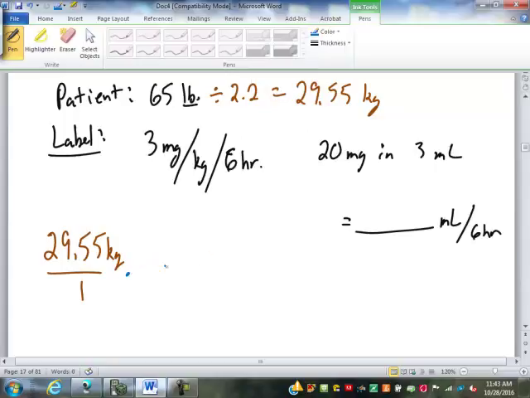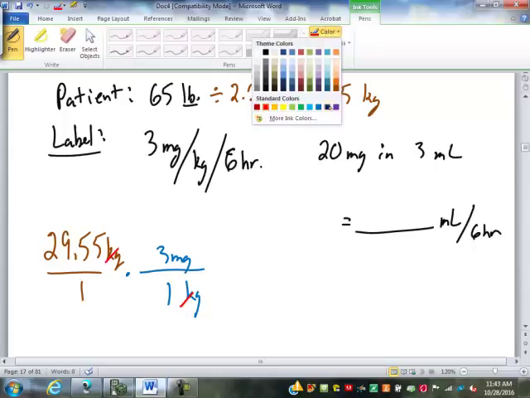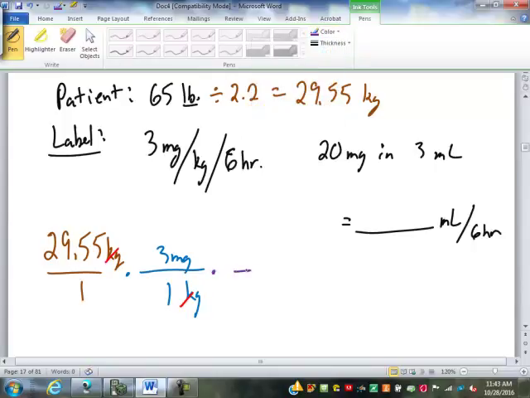We are going to do 3 milligrams per 1 kilogram. Get rid of the kilograms. Milligrams to milliliters here. 20 milligrams and 3 milliliters. Cancels out.